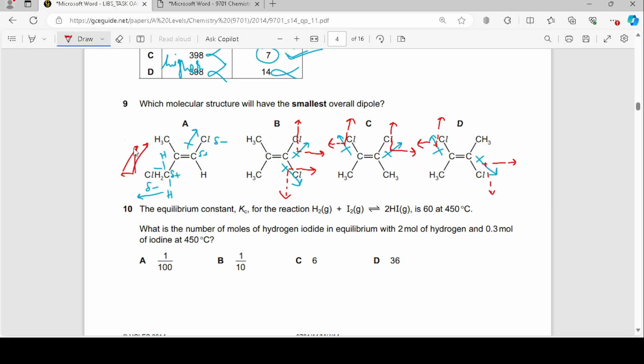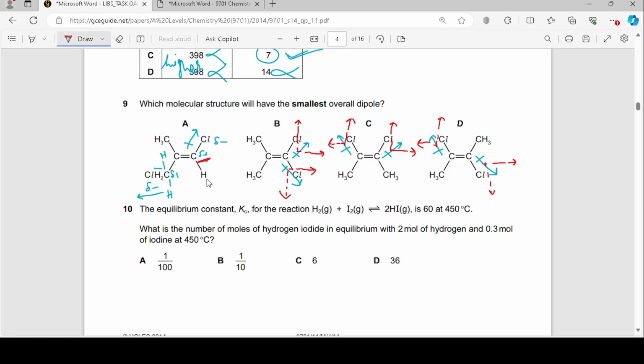So overall, I don't know if I'm making sense, but overall your dipole moment will be teetering more towards, or am I wrong? Sometimes maybe I am wrong. Let me think about this. Maybe it's the opposite actually, because this is partial positive, right? So it'll be less partial positive because it's near a region of high electronegativity, right? Somewhat.